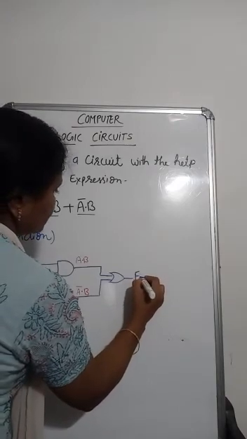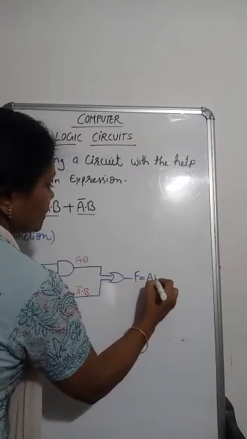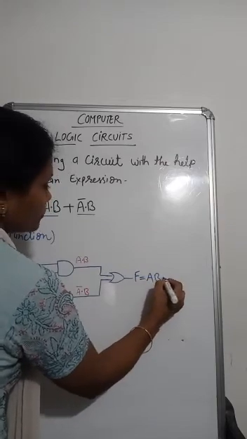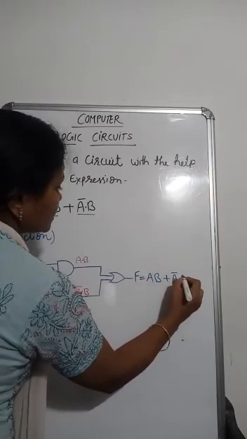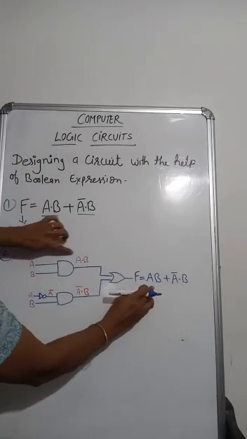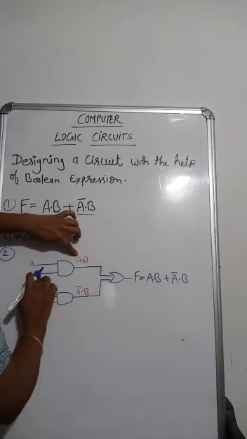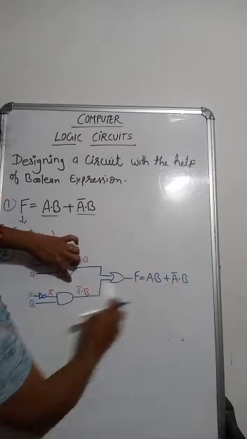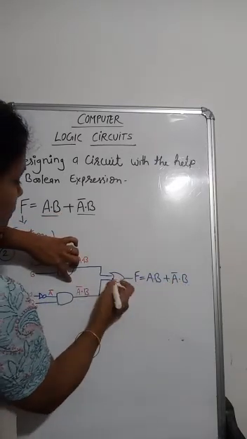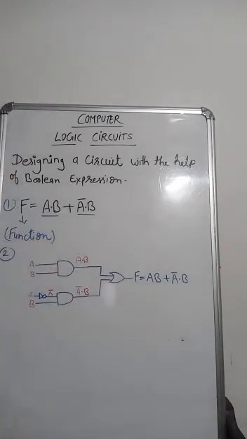F equal to A dot B plus A bar dot B, because A dot B we receive from here and A bar dot B we receive from here. Okay, so this is called function, and this one is a logic circuit.